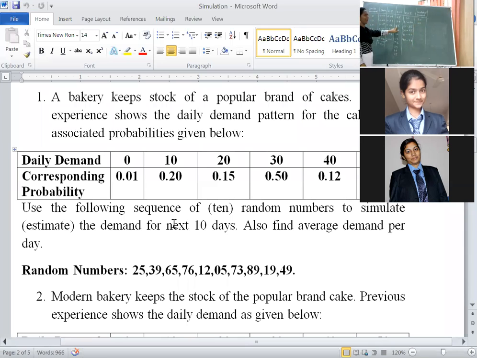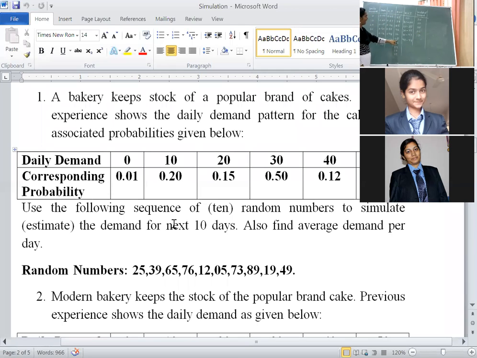Similarly, 65 lies in this particular interval. The corresponding demand is again 30. Next, 76 also lies in this class interval. The corresponding demand is 30. Next, 12 lies in this particular class interval. The corresponding demand is 10.